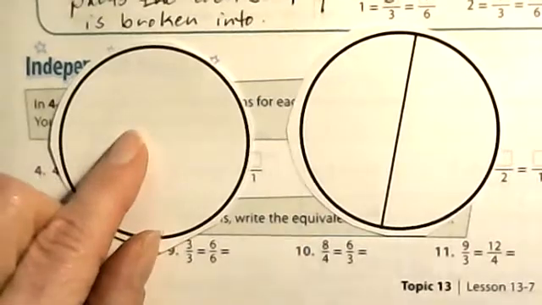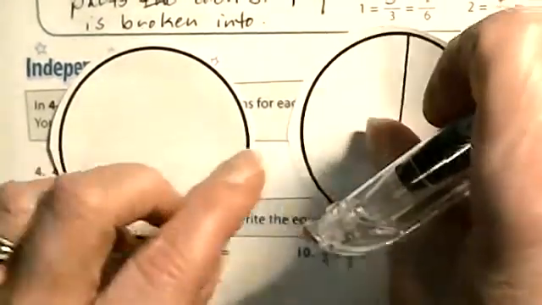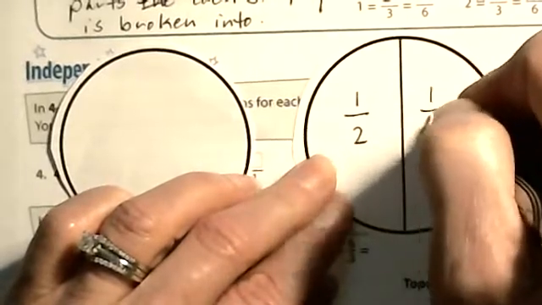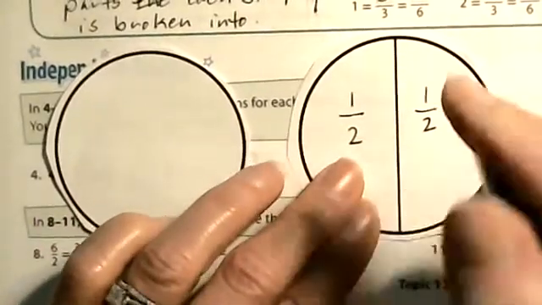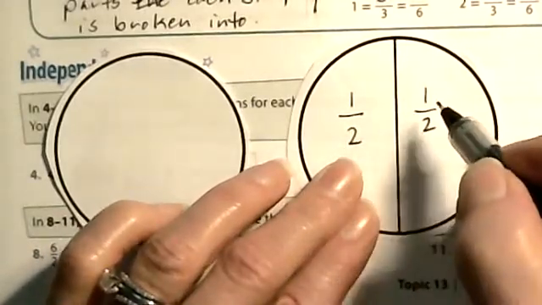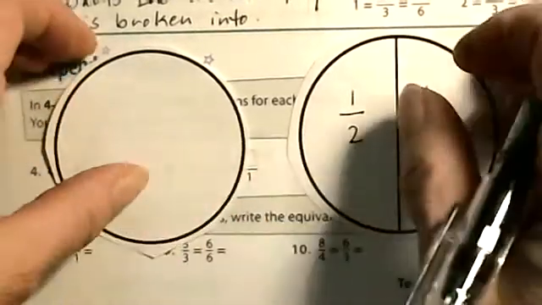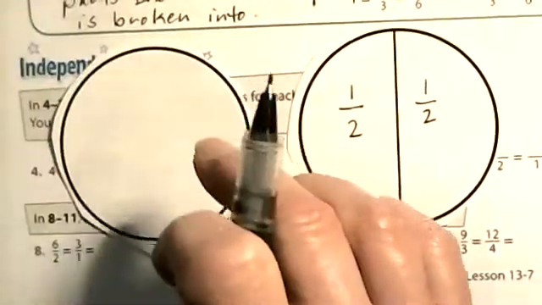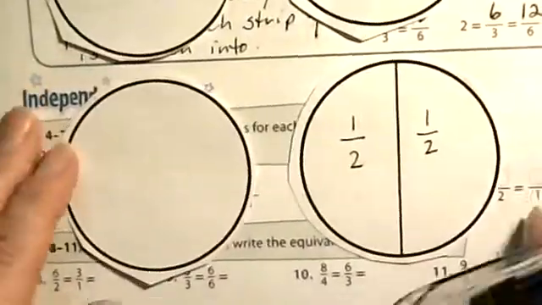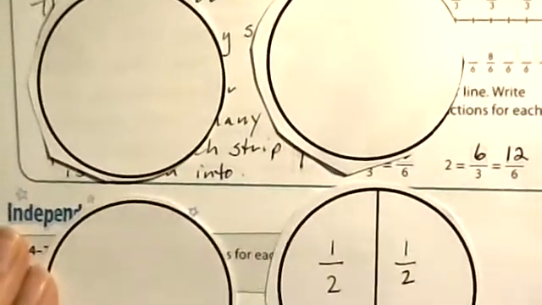So if I needed 4 of these, that means I would need to have 4 circles that had 1 half, 2 halves in them. So I need 1 half, 2 halves, 3 halves, 4 halves, 5 halves, 6 halves, 7 halves, 8 halves.